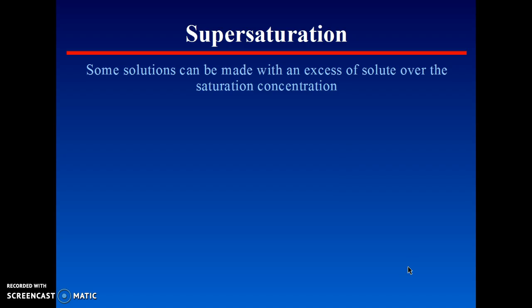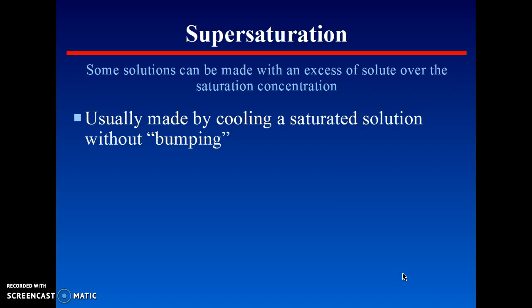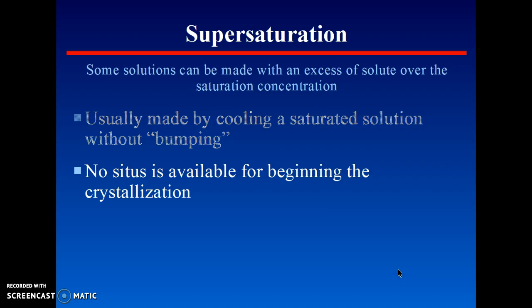Now, some solutions can be made with an excess of solute above the concentration that we call saturated. This is usually made by taking a solution and putting as much as you can in at an elevated temperature, then cooling it.